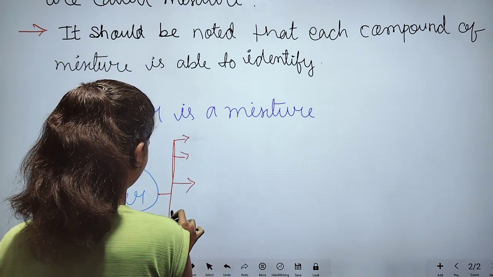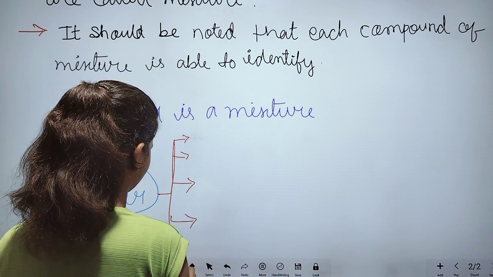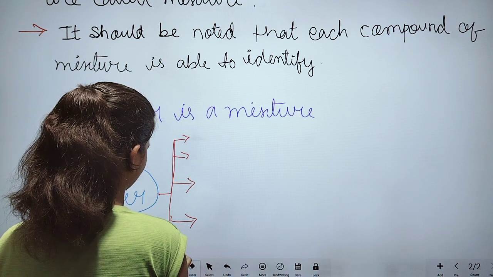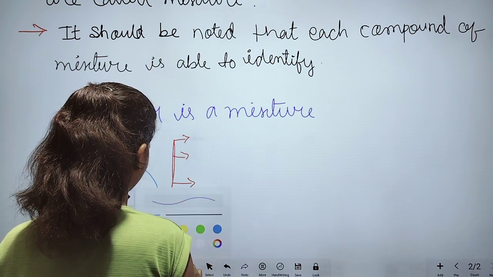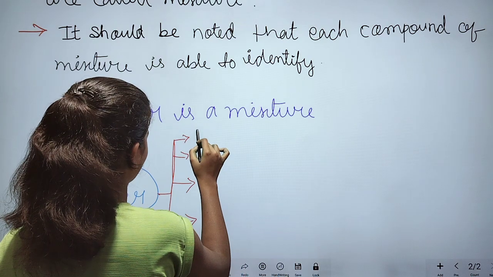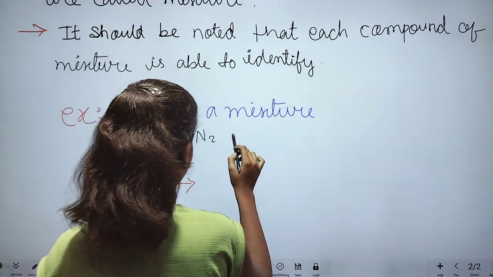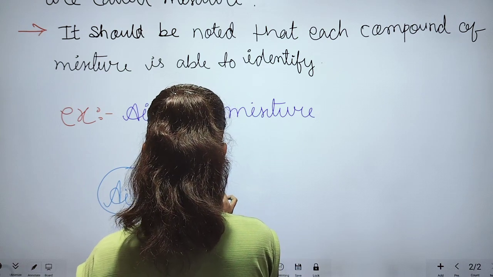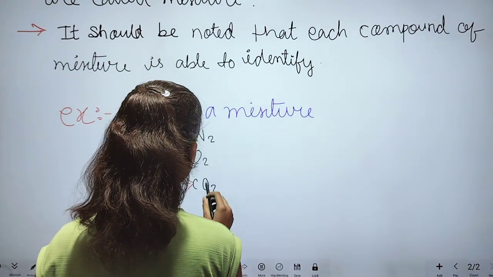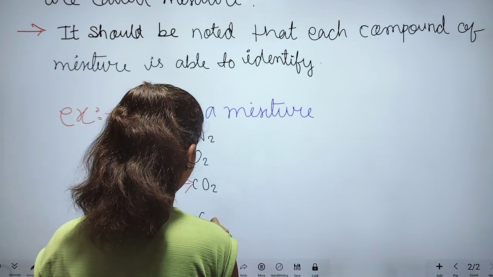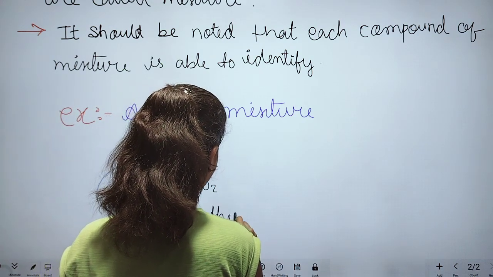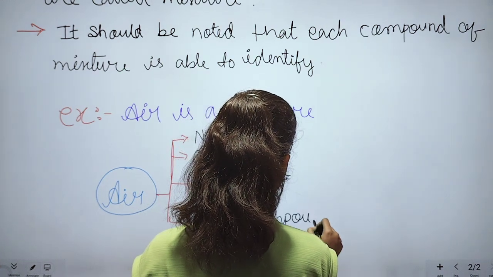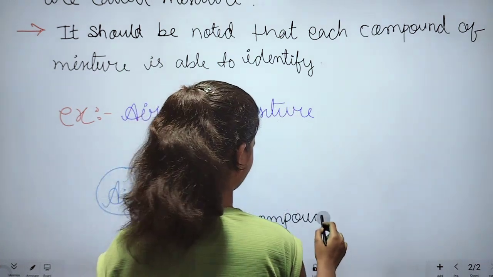It has N2, O2, CO2: nitrogen, oxygen, carbon dioxide, and other compound traces.